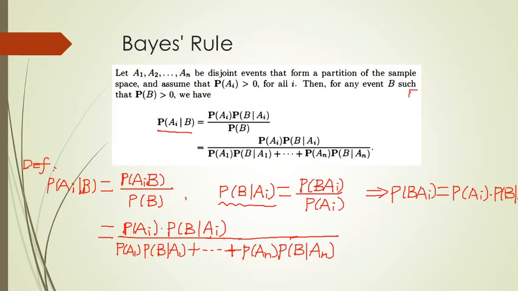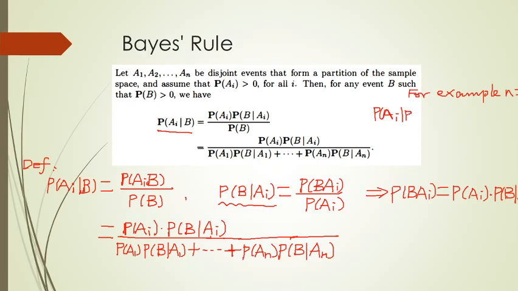For example, when n is 3, we have 3 events, A1, A2, A3, as the partition of the sample space. Here the I means any I you choose from 1 to 3.